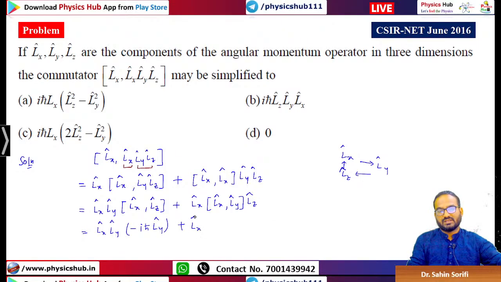For [Lx, Ly], going in the clockwise direction, it will be plus i h cut Lz, then Lz. So minus i h cut, and i h cut Lx can be taken common.